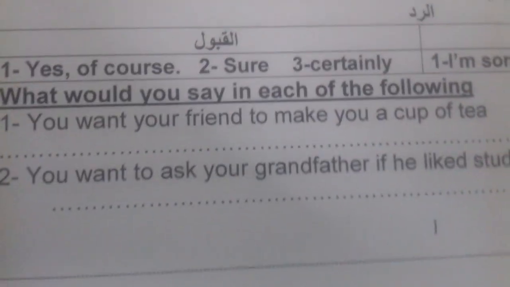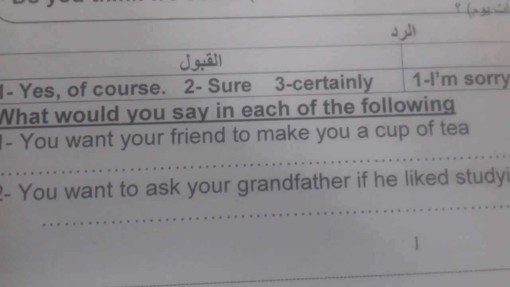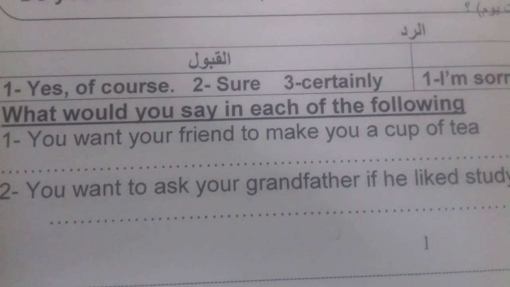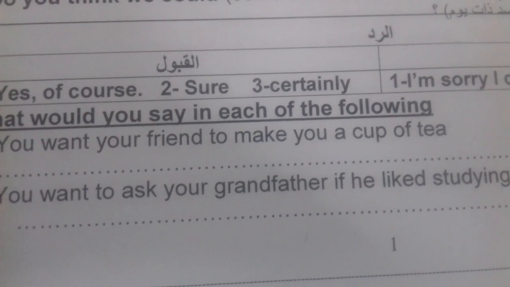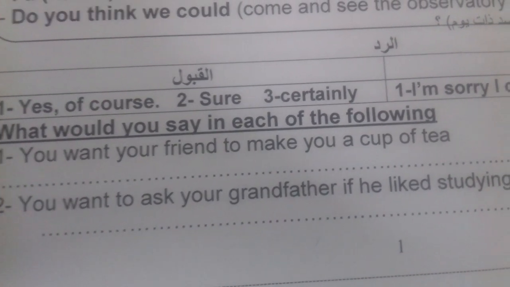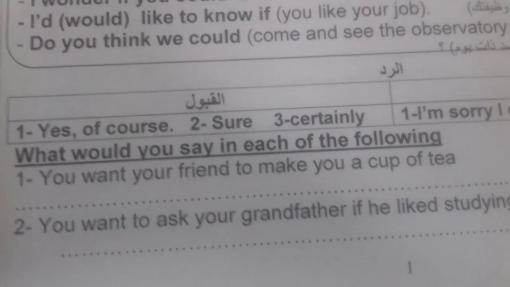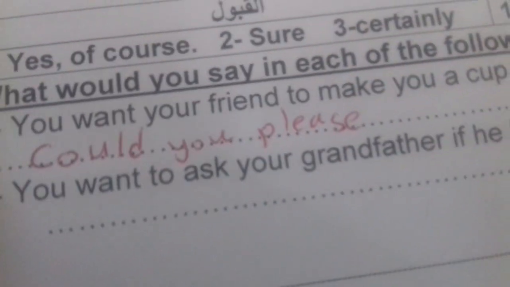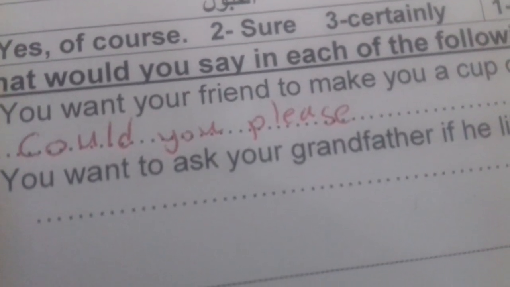Question 1. What would you say in each of the following? Number 1. You want your friend to make you a cup of tea. انت عايز من صاحبك او انت عايزة من صديقتك تعمل كوباية شاي. We can use any expression of the above and form a polite question. We can take the first expression, could you please?